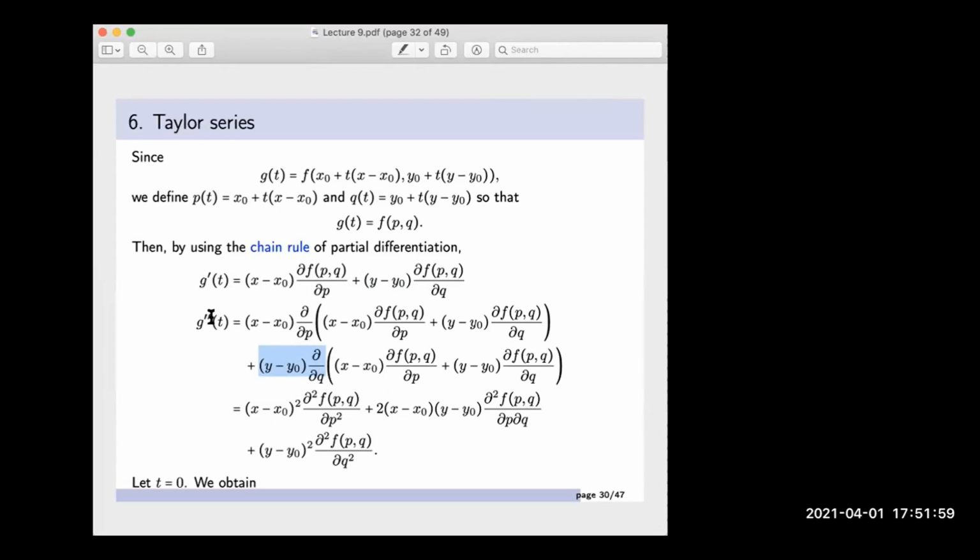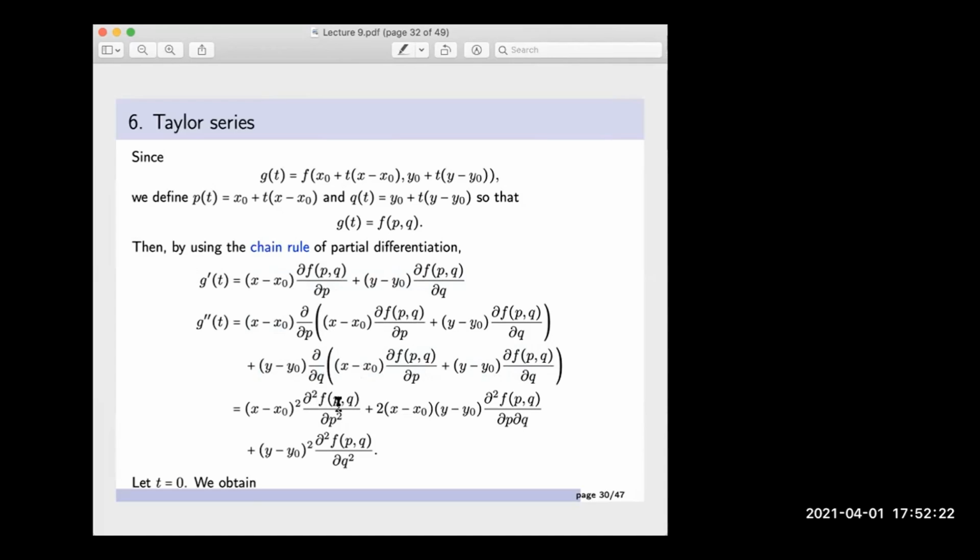Now, if we take another derivative, a double derivative, we just need to apply this operation to the above function and apply this operation to this function. Now, you can put this partial derivative inside.